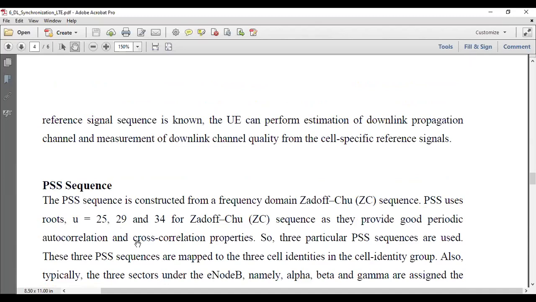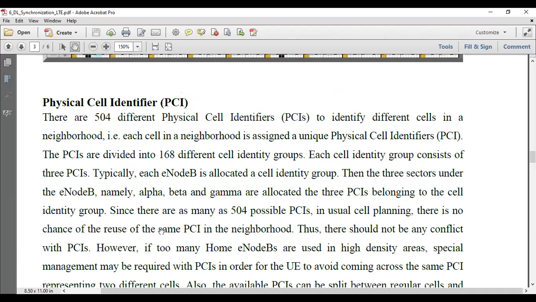From your correlation peak, you know which one among the three. You don't know the PCI yet, but if you could know which group it is, you could tell the PCI. The search space for PCI has been reduced from 504 to 168.